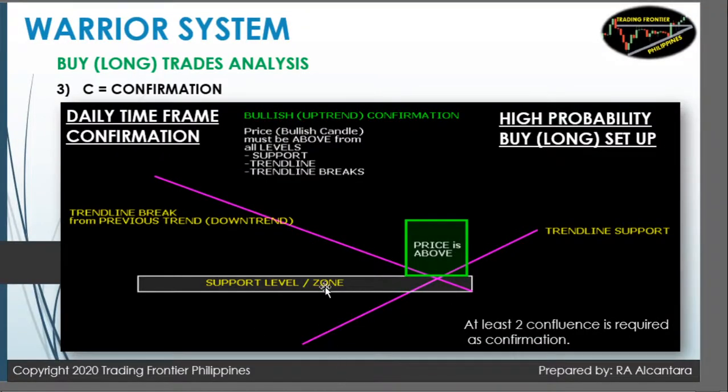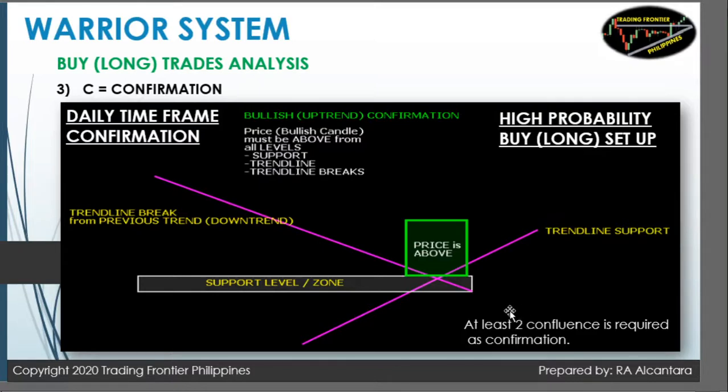If we are eyeing for a buy or long trade position, definitely the price should be above these three levels or zones: the horizontal support level or zone, the counter trend line break, and a trend line level or zone as well. So we're not always eyeing for three levels or zones.